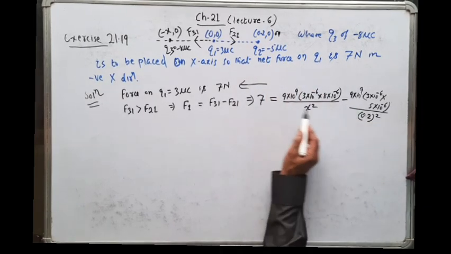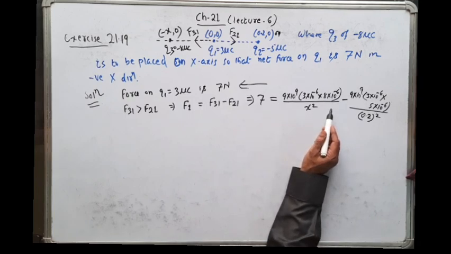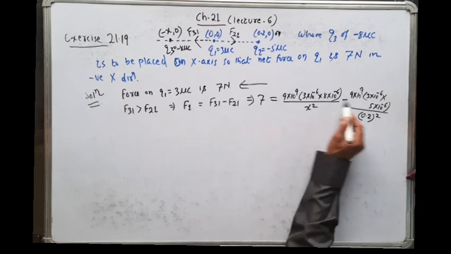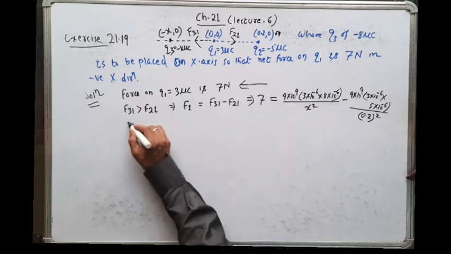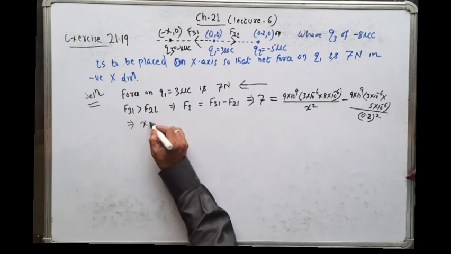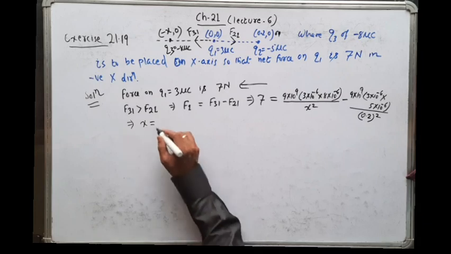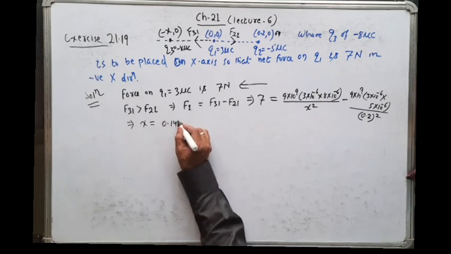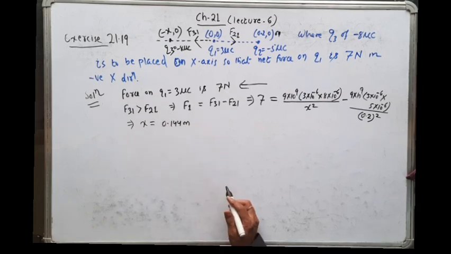So now you solve this. You can solve this. So I am not giving detail. So everything is known. X is unknown quantity. So solve this x. You will get x is equal to 0.144 meter.